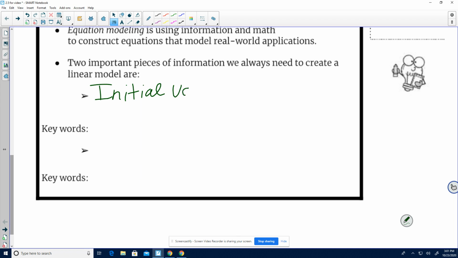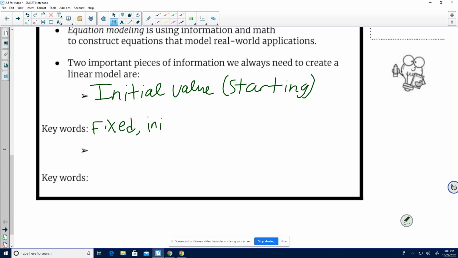But initial means starting value. So our initial value, starting. And again, we're going to talk about what exactly that means in a minute. But that's one thing that we need, is we need our starting value. Some keywords are fixed, initial.